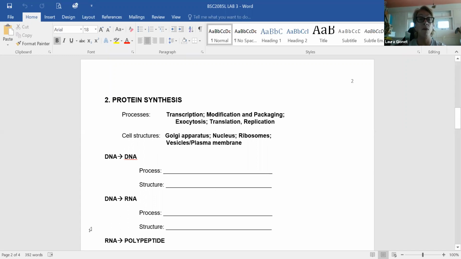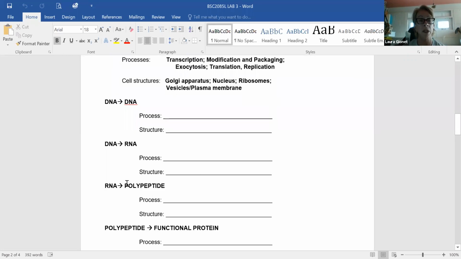Then to have a copy of the DNA in a form that can leave the nucleus, we have to produce RNA. So we have DNA and we end up with RNA. That process is called transcription. This is the way we're going to write down the recipe in a form that can leave the nucleus. And the structure in which it occurs is the nucleus.